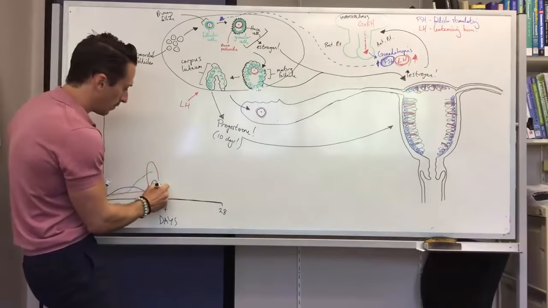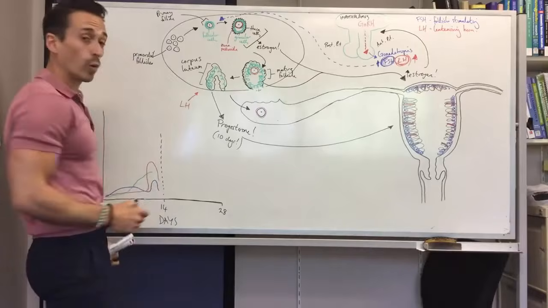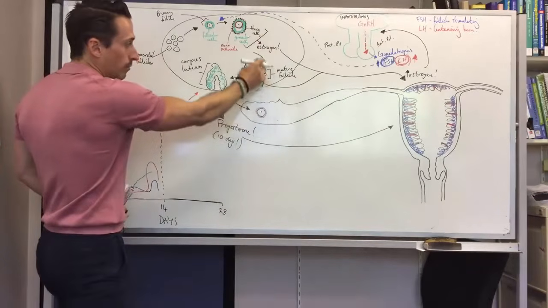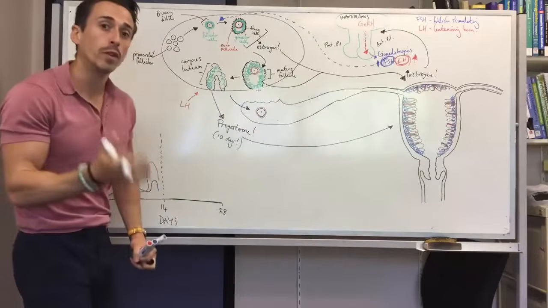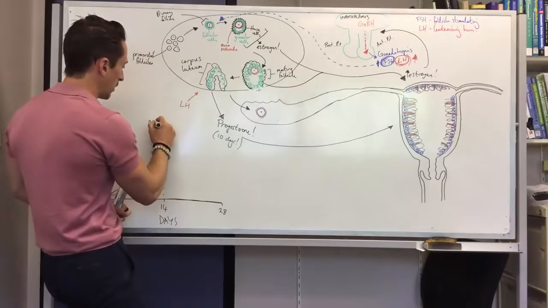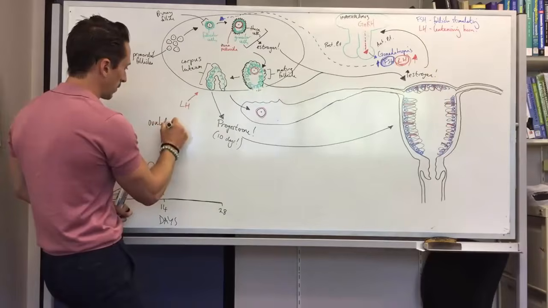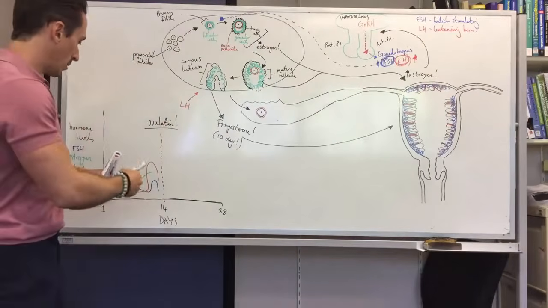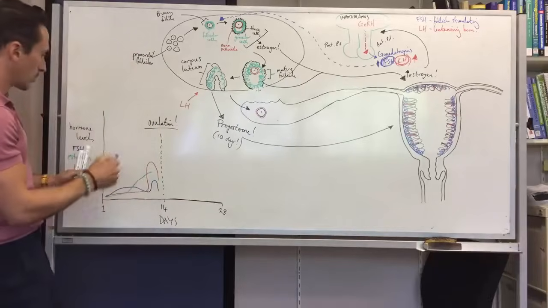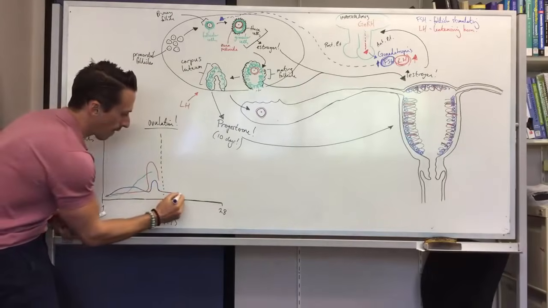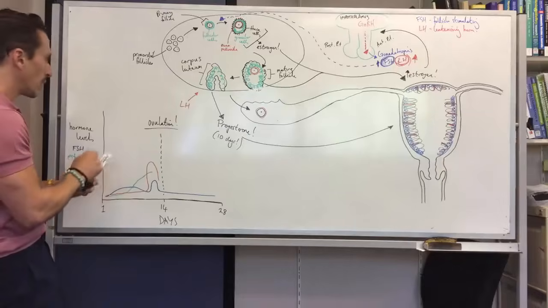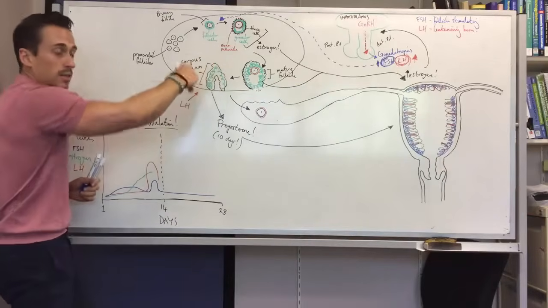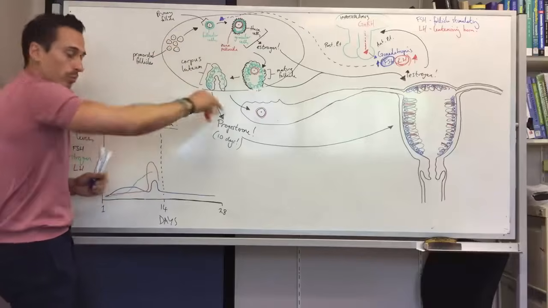So think about it. At day 14, luteinizing hormone was released to tell the ovum to come out. That's ovulation. So day 14 was ovulation. And follicle stimulating hormone has dropped off. Luteinizing hormone is continually telling this system to release progesterone, progesterone, progesterone.